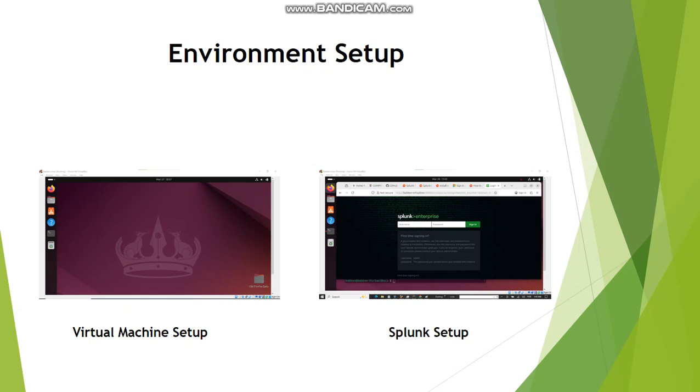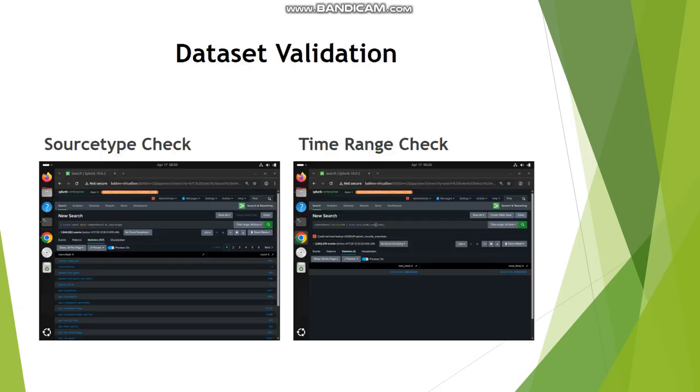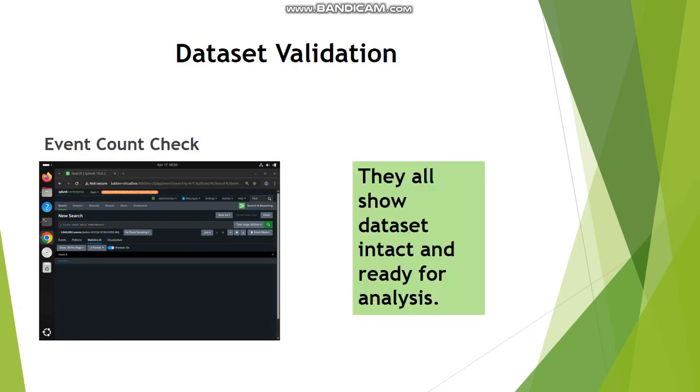So I ingested the bucket files directly into Splunk's index directory and confirmed the index was active. Then I validated my dataset by checking for the source type, the time range, and also event counts.